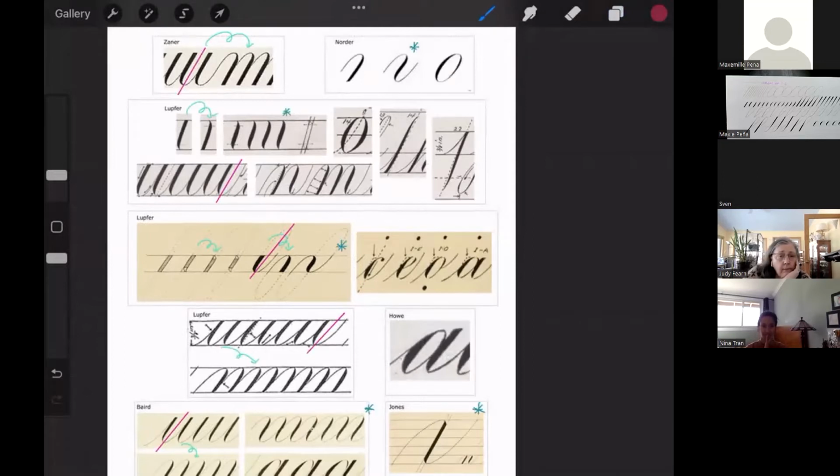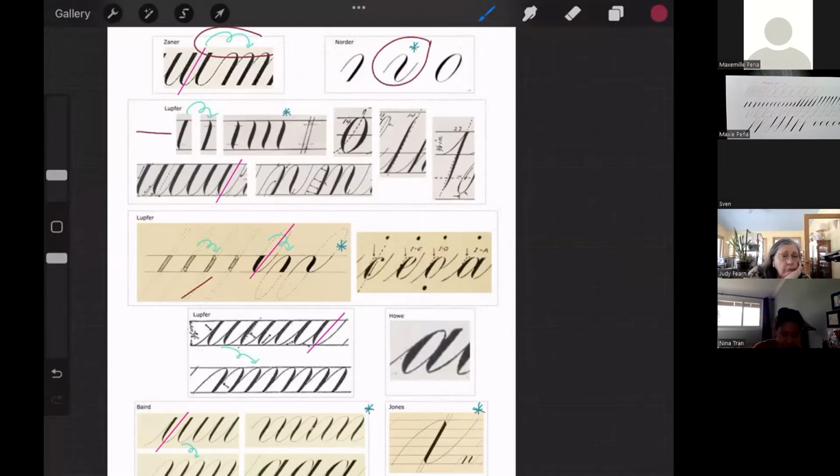The most obvious of which is the rotational symmetry, meaning if you rotate it upside down, you get the same result. So for your underturn and overturn here, the shade here with Lupfer, and even on your compound curves. If you turn it upside down, it's the same exact shape.